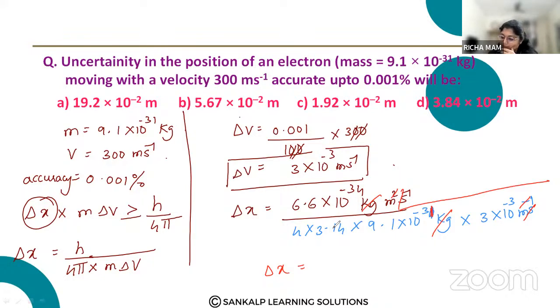4 into 3.14 into 9.1 into 3 is 342.888, into 10 raised to minus 31, 32, 33, 34. So this is 10 raised to minus 34.